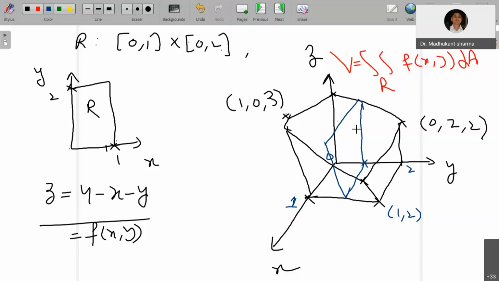You are trying to get the cross sections. So x is fixed, right? This is going to be a function of y.